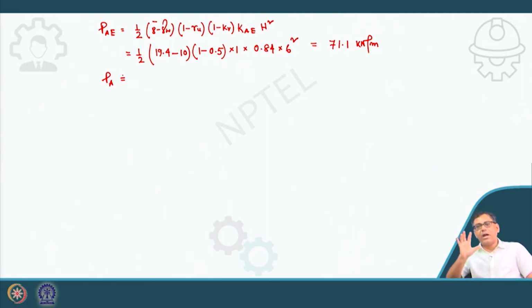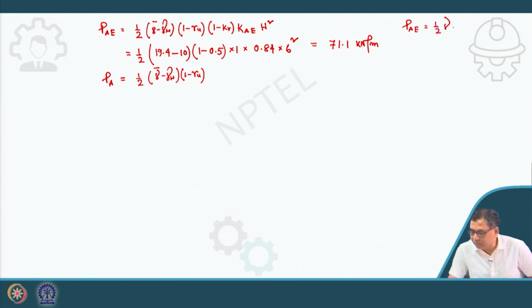So in case of PA, I also use the same recommendation that is given for PAE. Because in the PAE expression, I have given the same recommendation, replaced by gamma bar, gamma W into 1 minus RU. That is the recommendation for KE, because PAE in the dry condition is gamma into half into gamma into 1 minus KV into KAE into H square.